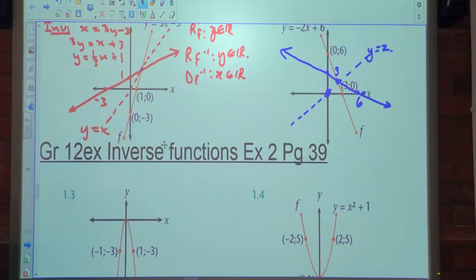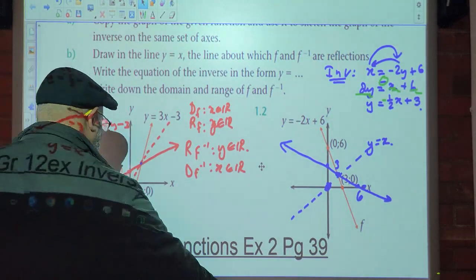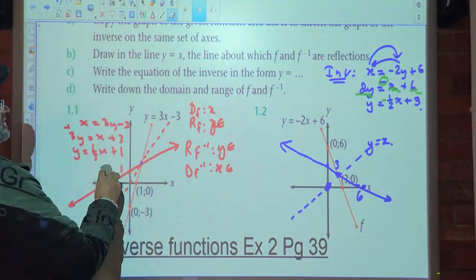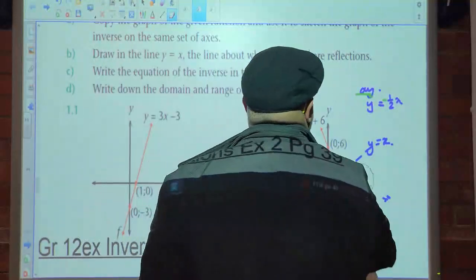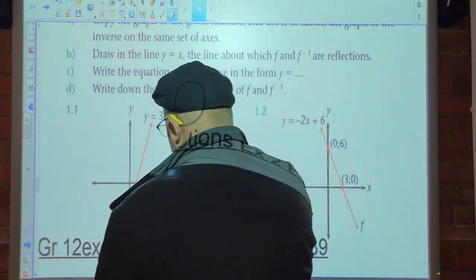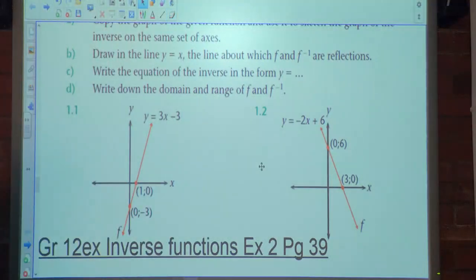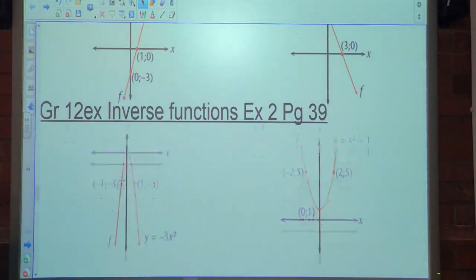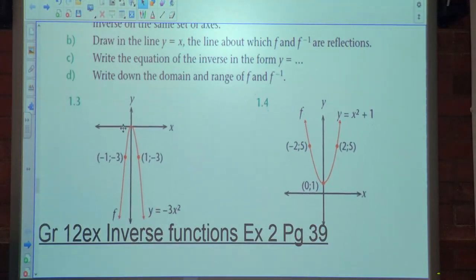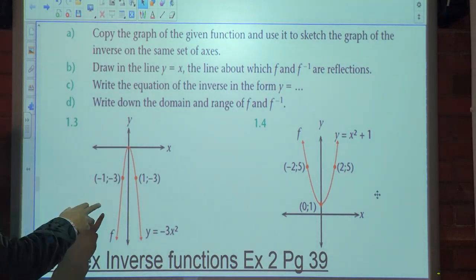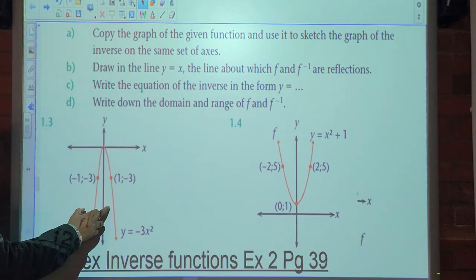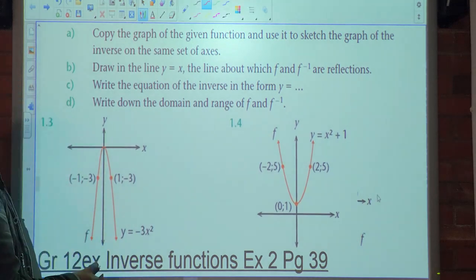Here's more. Clear this here. Again, we must draw the inverse function.